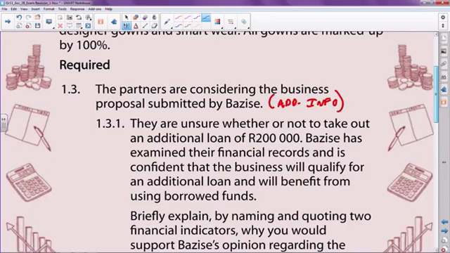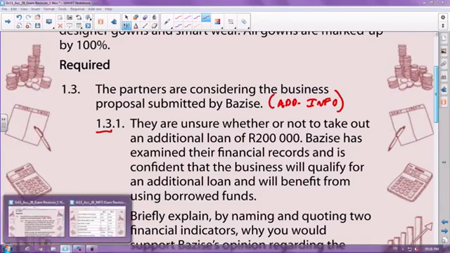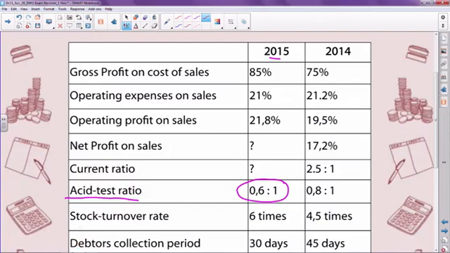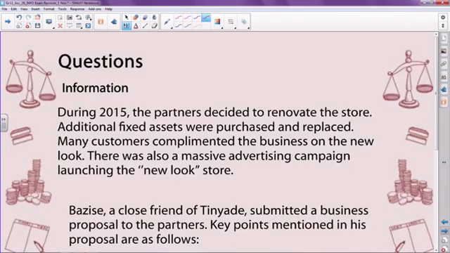Let's go to the additional info and then we will read the question that they want us to answer. So let's pull that out. My information sheet, I'm looking for additional information. There we go. So this is my additional info.